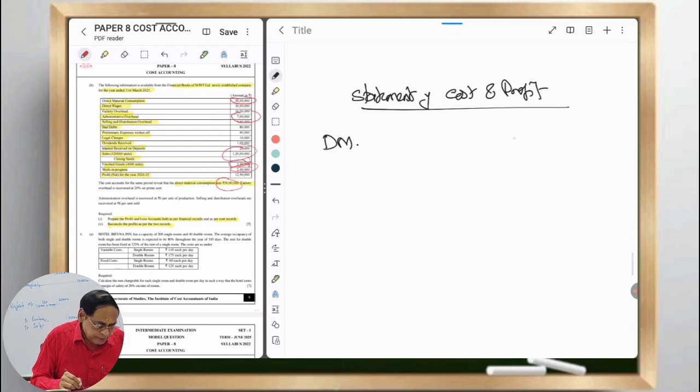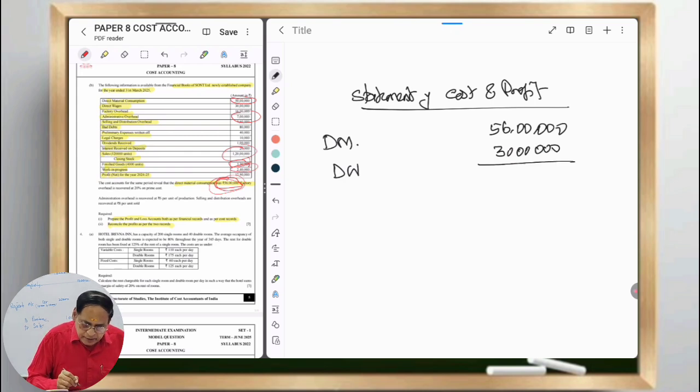Here in the question direct material is given as 56 lakhs. Direct wages, how much? The same amount, 30 lakhs, there is no change. If we add these two, that is prime cost, 86 lakhs.